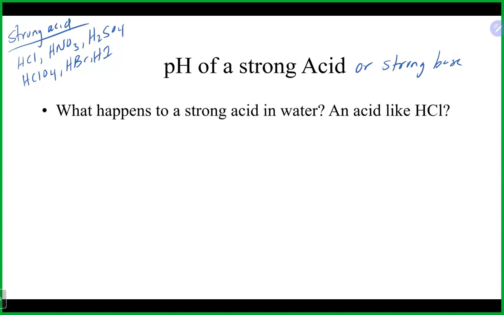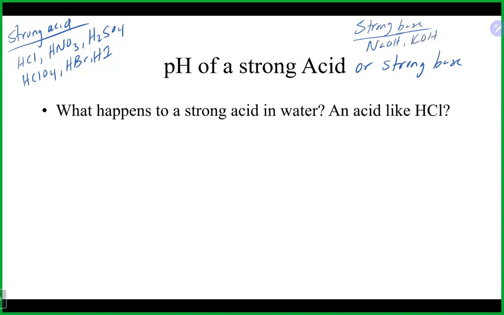So this is our 6 strong acids. And remember, in terms of strong bases, those are a lot of times group 1 or group 2 on the periodic table. Things like sodium hydroxide, potassium hydroxide.